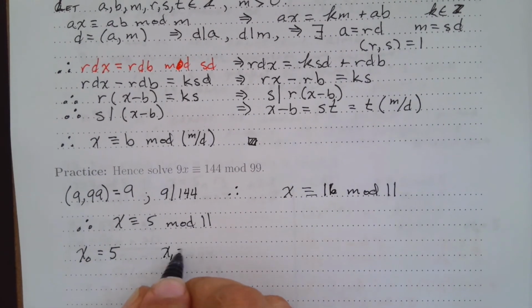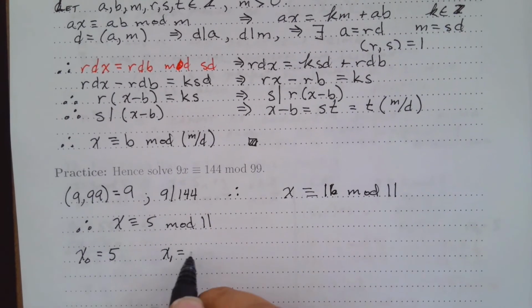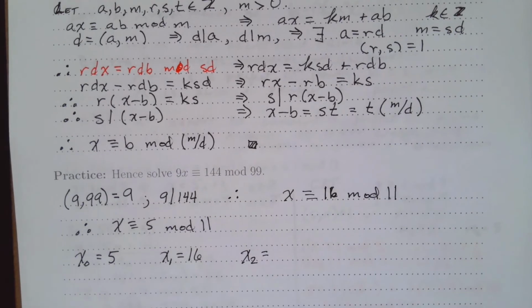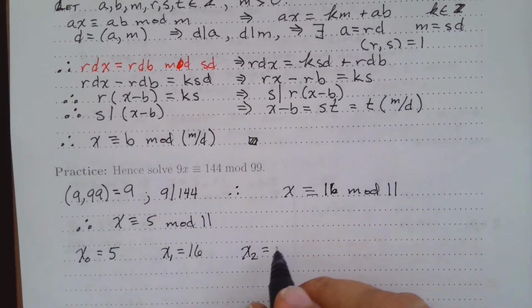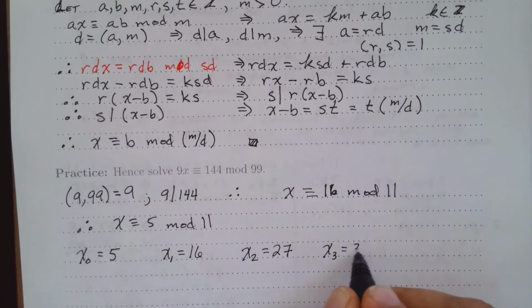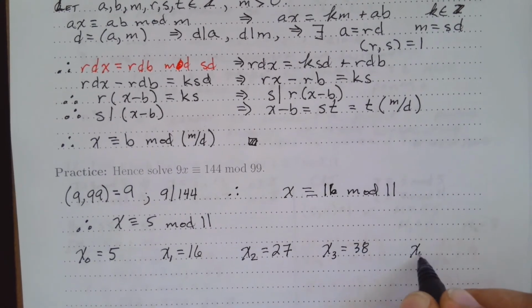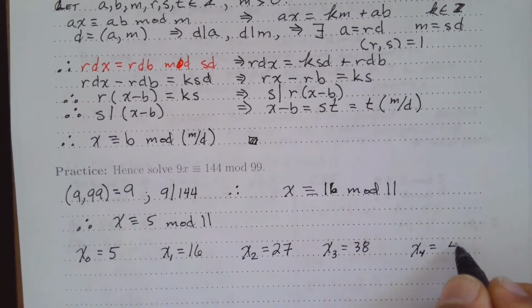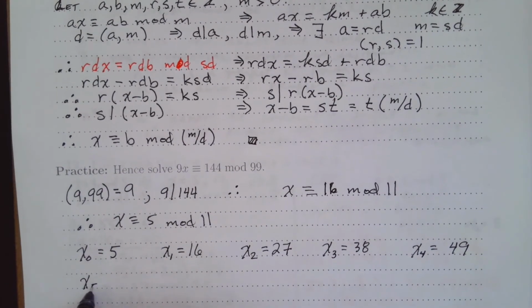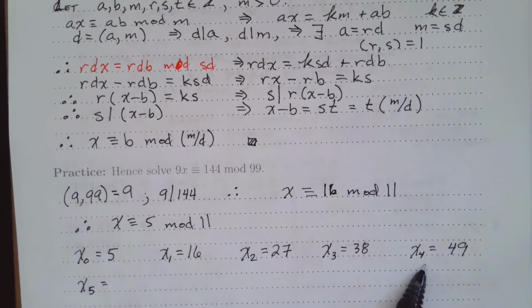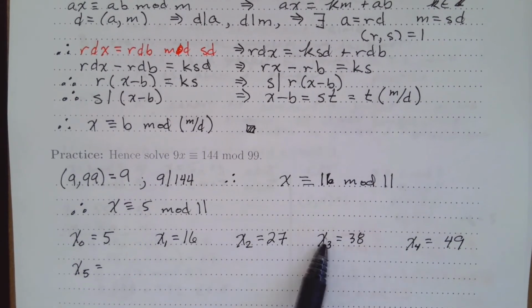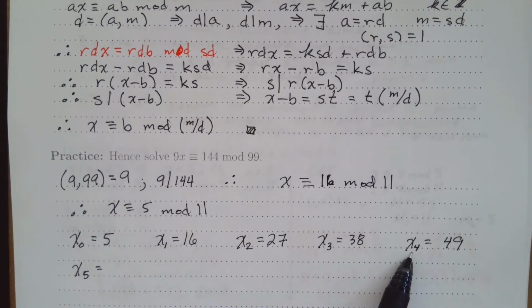Then our next solution will be 11 more than 5, that'll be 16. The solution after that will be 11 more than 16, which is 27. The third solution would be 38, the fourth 49, and actually this would be the fifth solution: x sub 0, x sub 1, x sub 2, x sub 3, x sub 4.